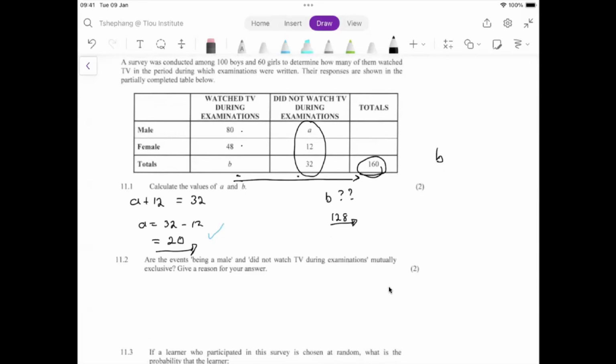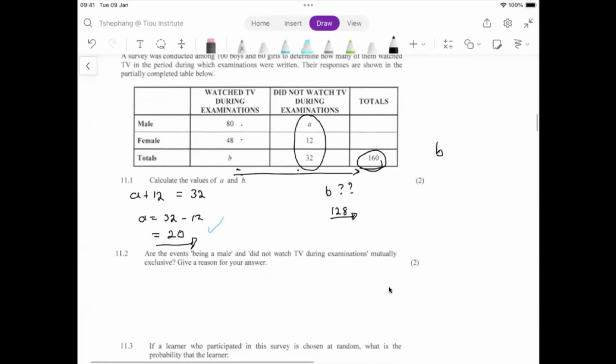Their responses are shown in the partially completed table below. Are the events being male and did not watch TV during examinations mutually exclusive? Give a reason for your answer. If you have an answer for me, please do type it in the chat.